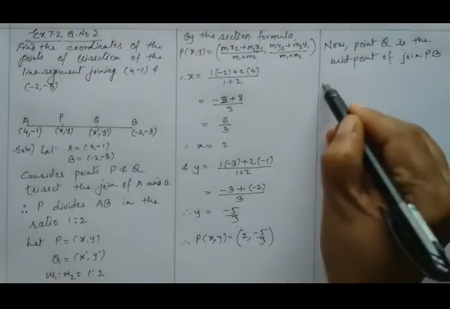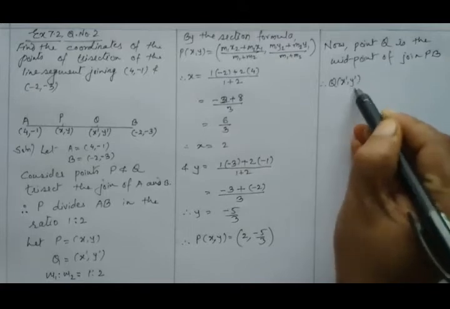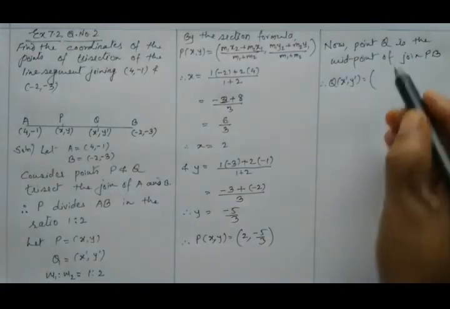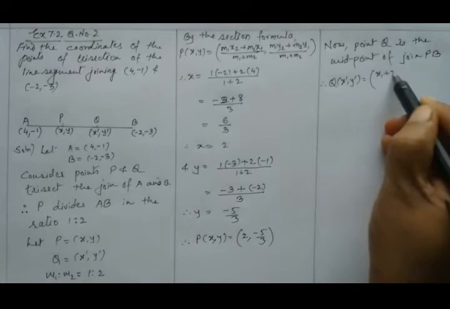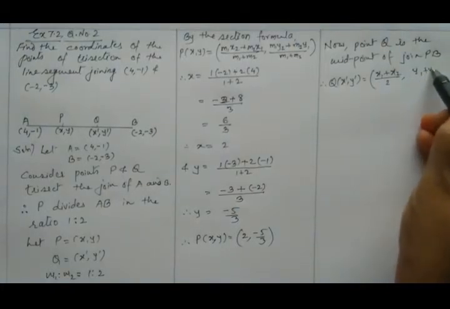Okay, so therefore coordinates of Q, x dash comma y dash, is equal to x1 plus x2 divided by 2 comma y1 plus y2 divided by 2.